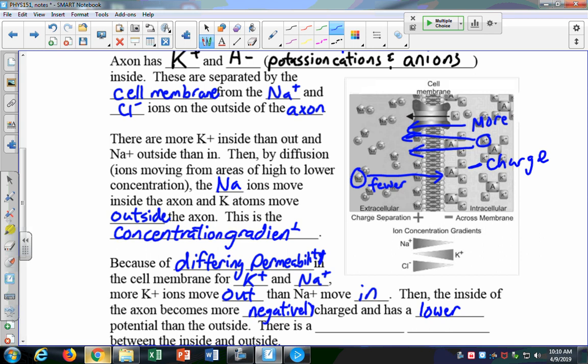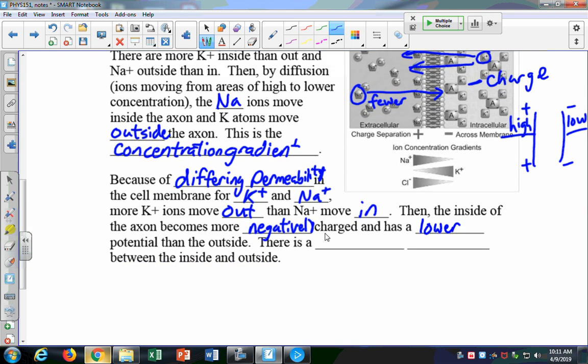And if you remember when we were looking at our plates, positive, positive, negative, negative, this is the high potential side, and this is the low potential side. So on the inside of the cell membrane, I get a lower potential than on the outside. That's because of the concentration gradient, and because the cell membrane is not permeable in the same way for the sodium and the potassium ions. One will move across more than the other. So there is a potential difference between the inside and the outside.